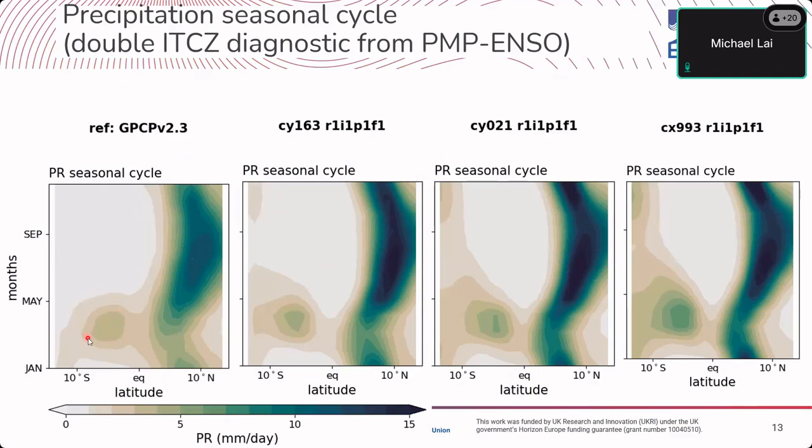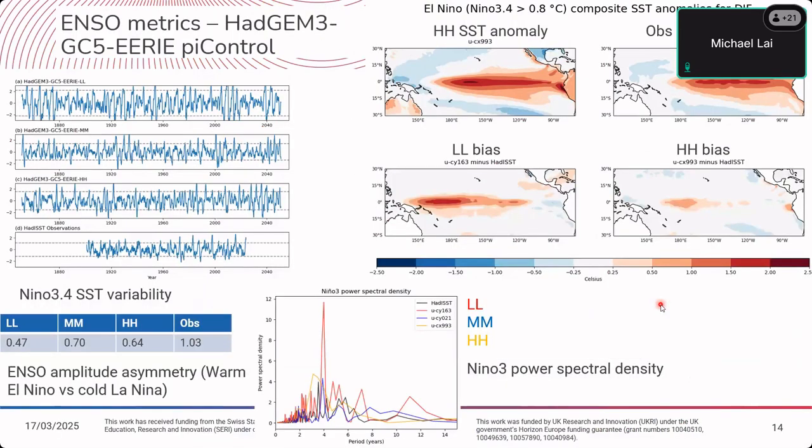And this in particular looks at the ITCZ from observations, low, middle, and high resolution. And actually you can see in this case, the high resolution model has rather more of an ITCZ signal than the low resolution model. It's perhaps not the most severe ITCZ you've ever seen, but definitely it gets stronger with resolution in this case.